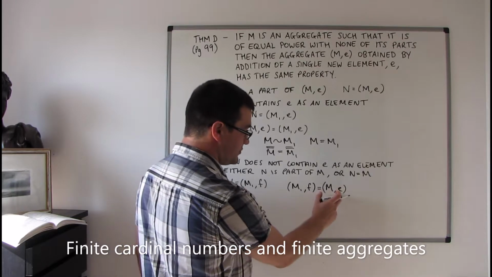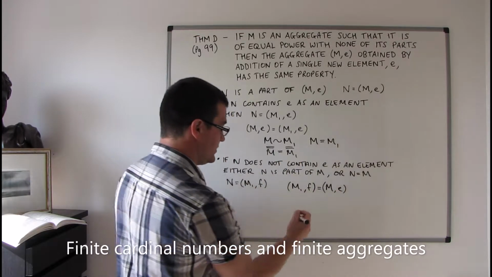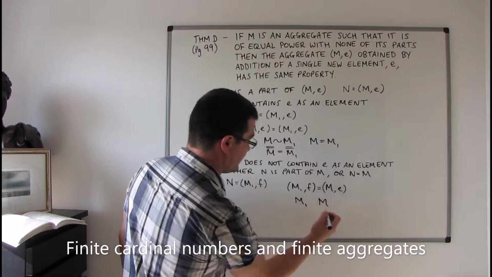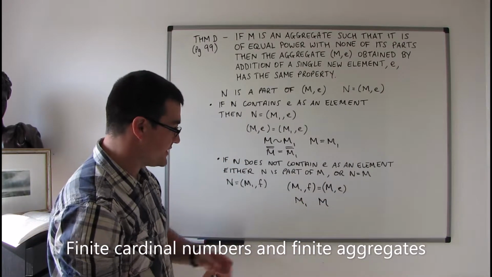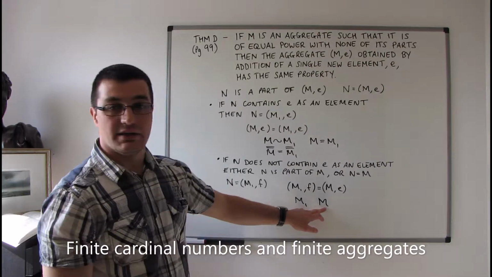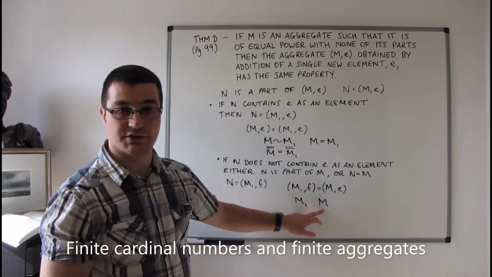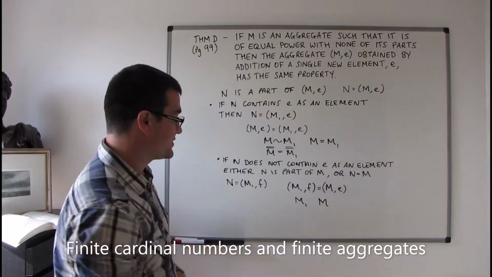We can find a one-to-one correspondence which maps F to E and vice versa, and therefore we'll get that M1, there is the same one-to-one correspondence restricted to M1, is going to map all of the elements of M1 to all of the elements of M and vice versa.